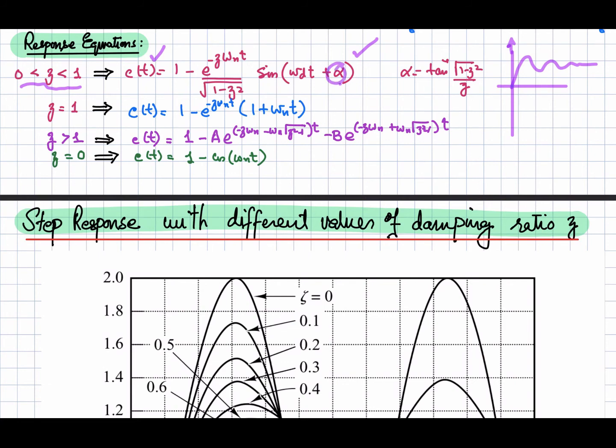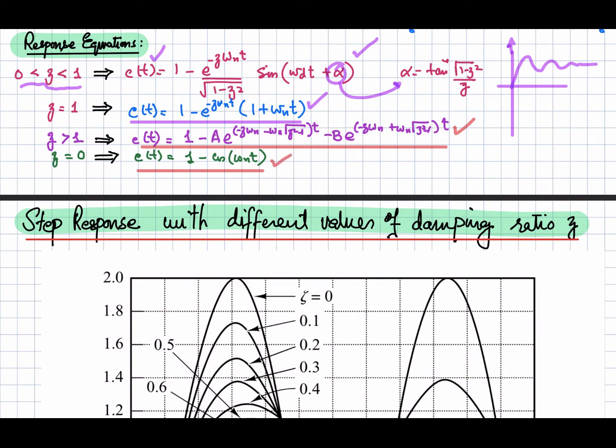In this equation alpha is given by tan inverse of square root of 1 minus zeta square by zeta. If zeta is equal to 1, then the step response for the second order system is given by this equation. And if zeta is greater than 1, then the step response is given by this equation. And if zeta is equal to 0, then the step response is given by this equation.